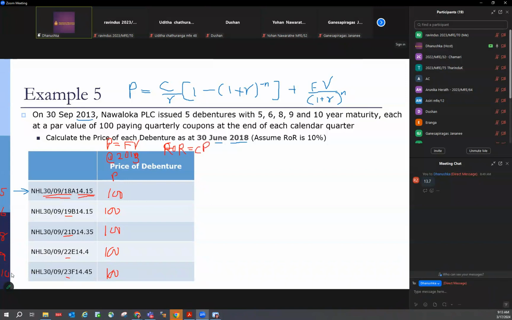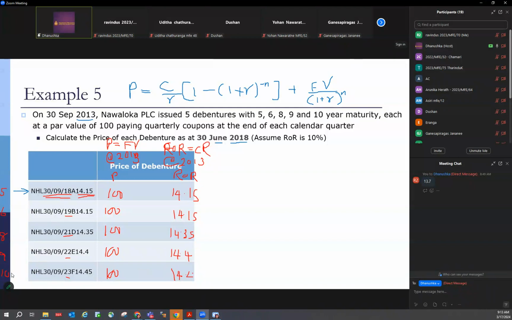So in 2013, when people invested in this bond, their required rate of return was 14.15. 14.35. That's not relevant to this sum, okay? I'm just giving some additional information. And 14.45.